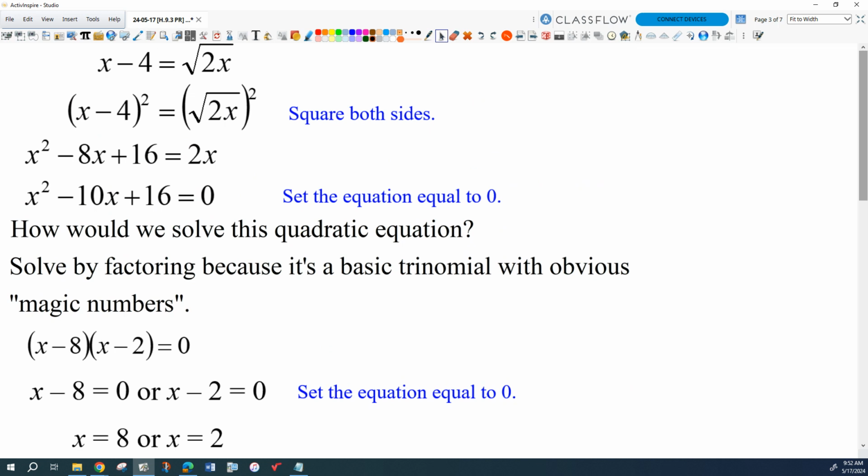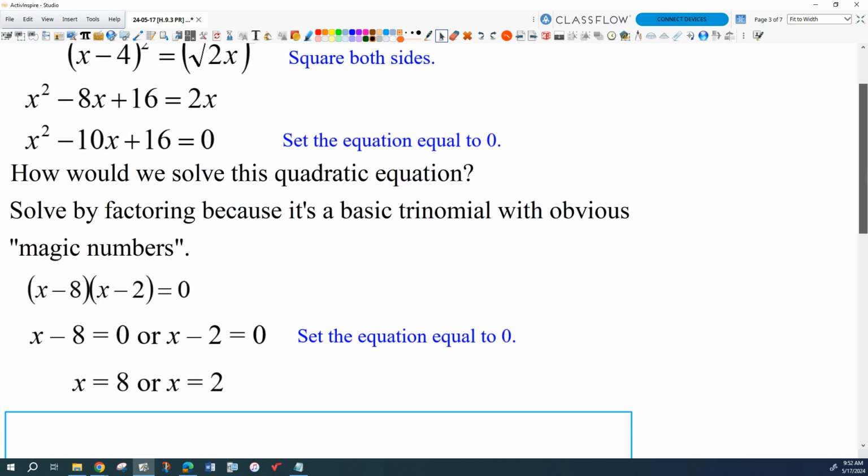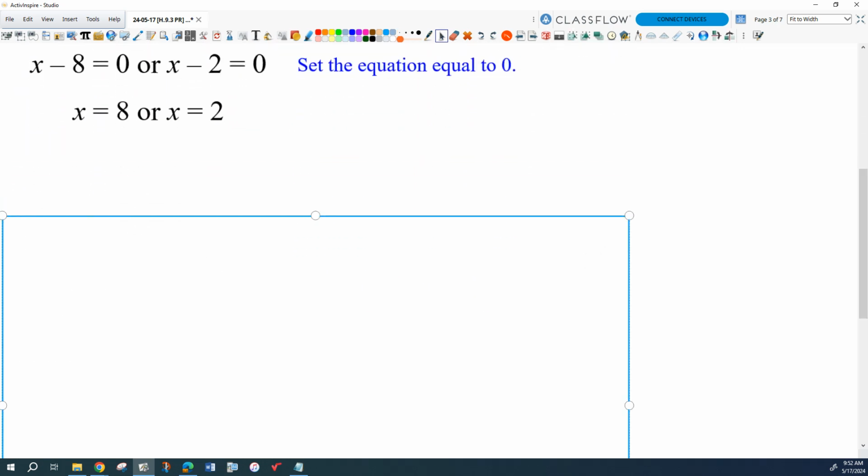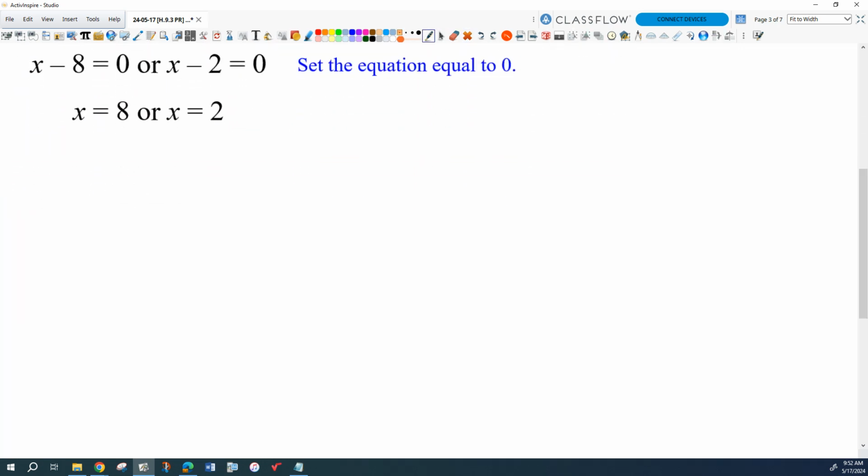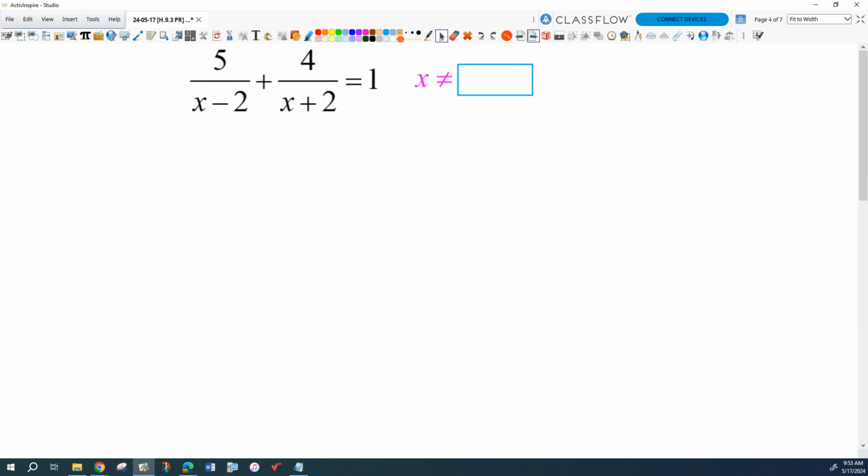Square root of 16 is 4. So 8 works out. 2 does not. So we'd cancel that one and keep 8. No big deal. You guys have seen a bunch of stuff like that. Okay, what about one like this? What would we do?